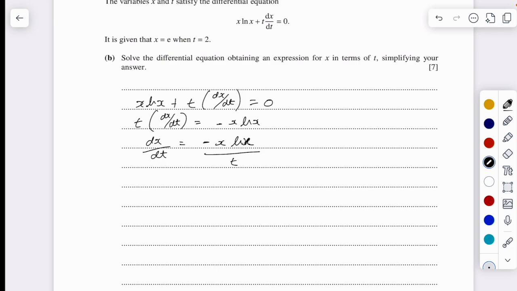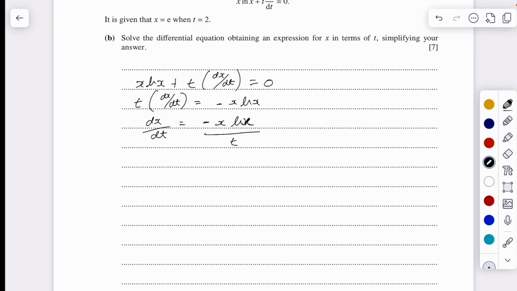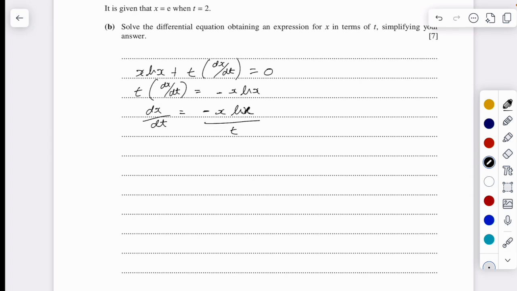Cool. So moving on from here, we can then separate the variables. We can say that negative 1 over x ln x dx is equal to 1 over t dt.